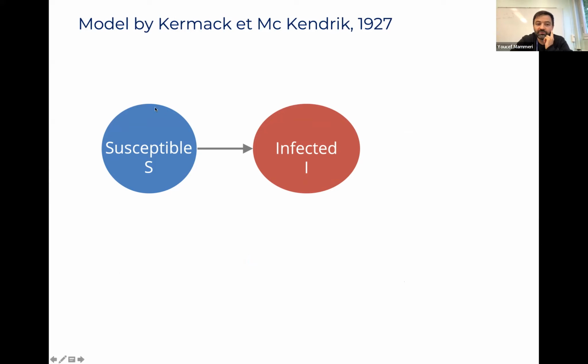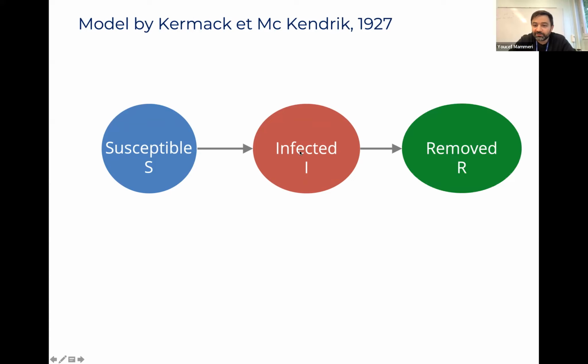They say, okay, you have a population, you have individuals who are susceptible to get infected, you have the infected individual, but this infected individual can recover. And when they recover, they are no longer contagious.